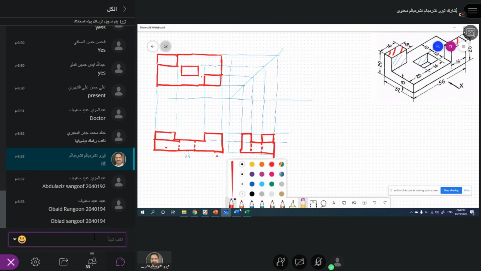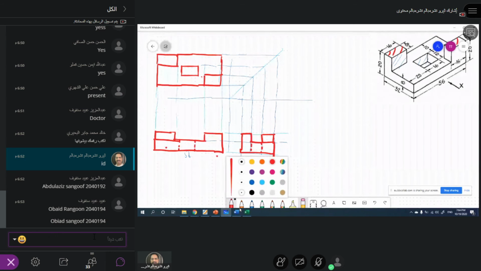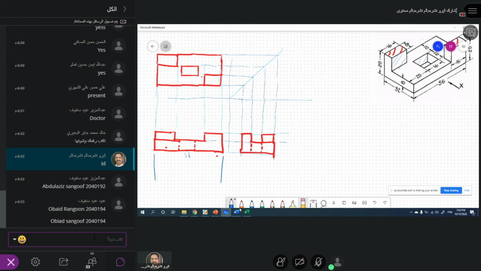So when I draw the dimensions, I draw dimensions like this. The bigger one is this 56, and then after that I have 16 here, and it's all the same.